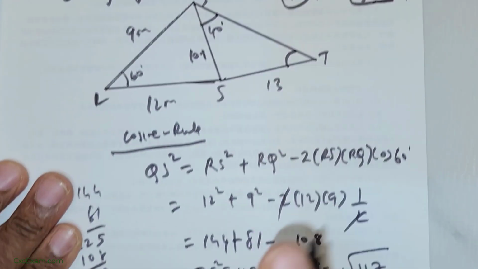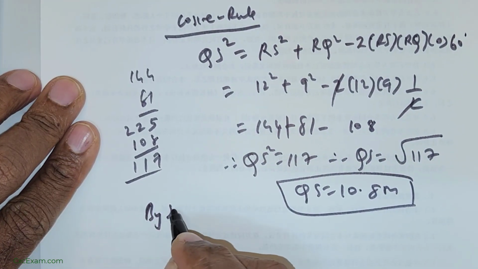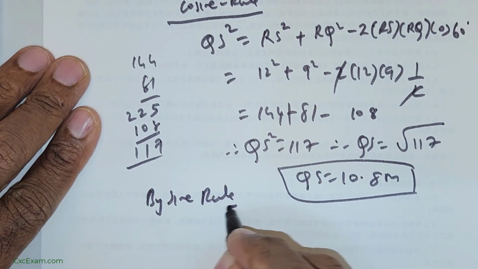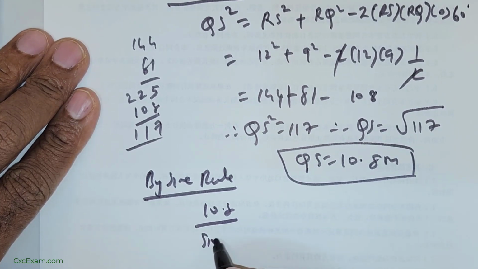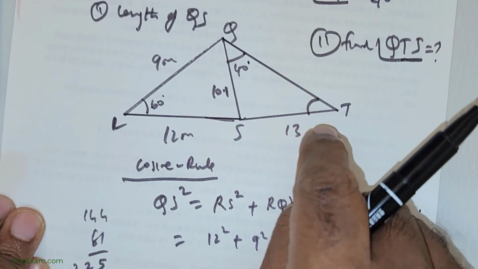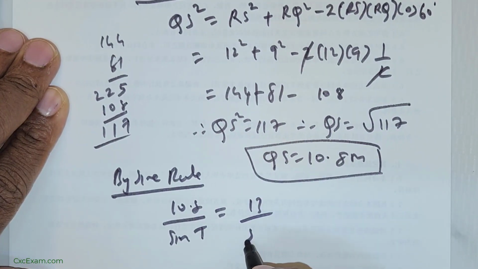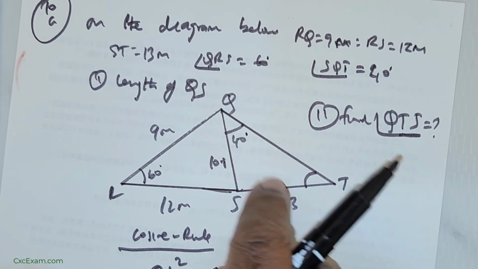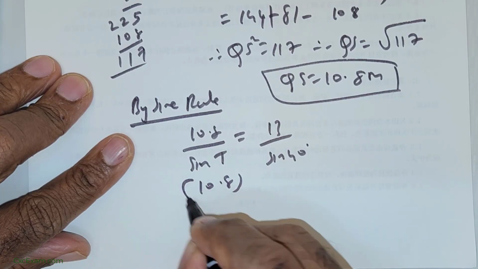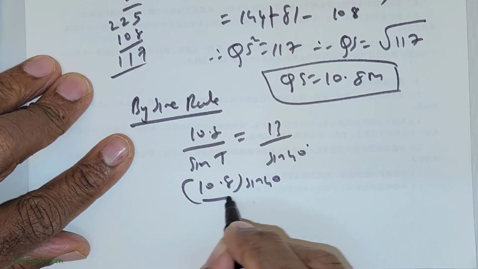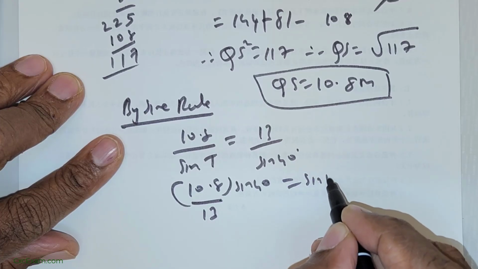So by sine rule, 10.8 over sine of angle T is equal to 13 over sine of 40. So 10.8 multiplied by sine 40 divided by 13 is equal to sine T.